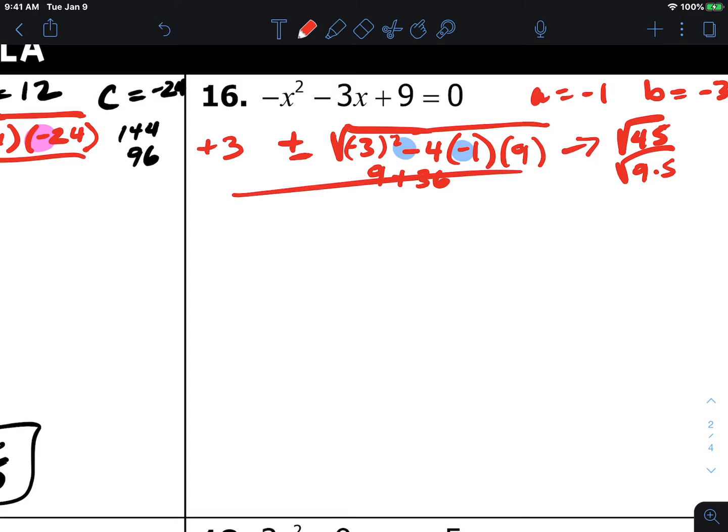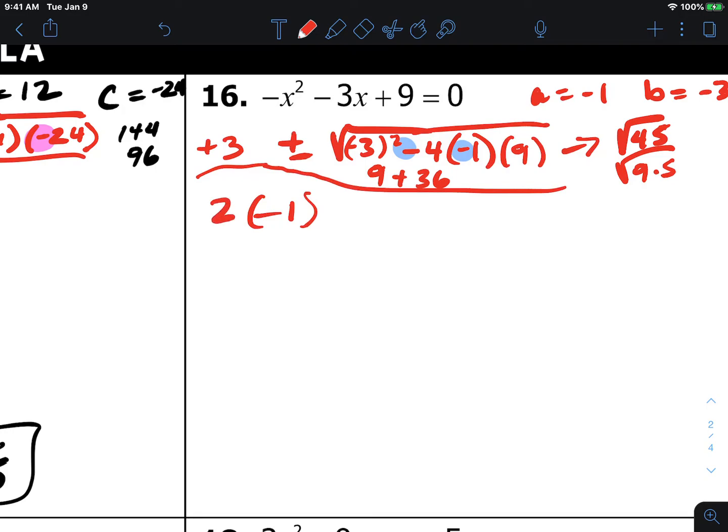What's that all over again? This whole thing, this whole fraction, it's going to be over what? Negative 1 times 2, or 2 times negative 1. So this is going to be 3 plus or minus the square root of, what did I say? 3 radical 5.